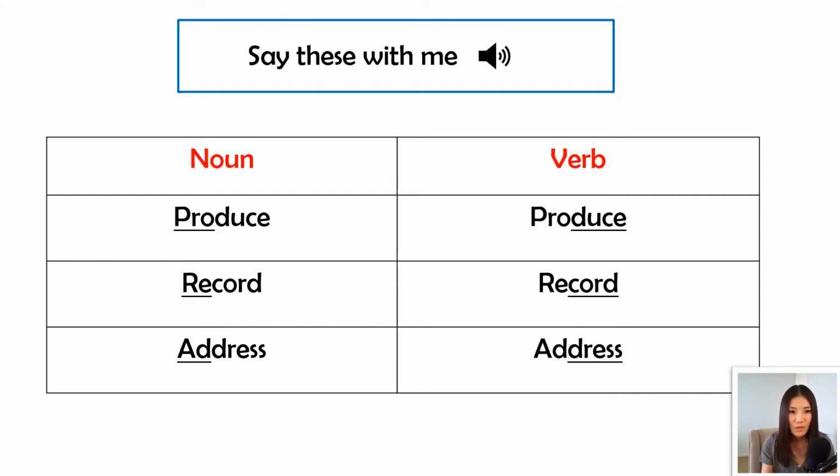We'll start with the first row. Produce, produce. Second row, record, record.